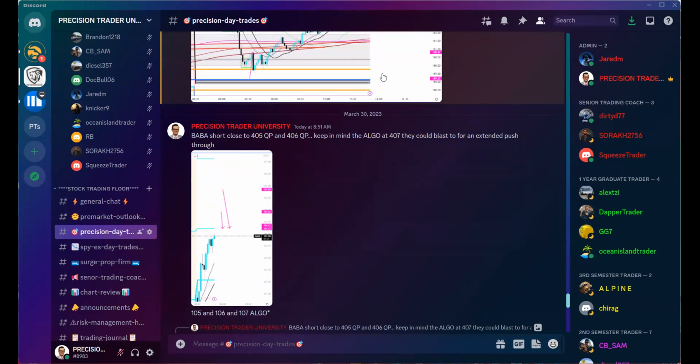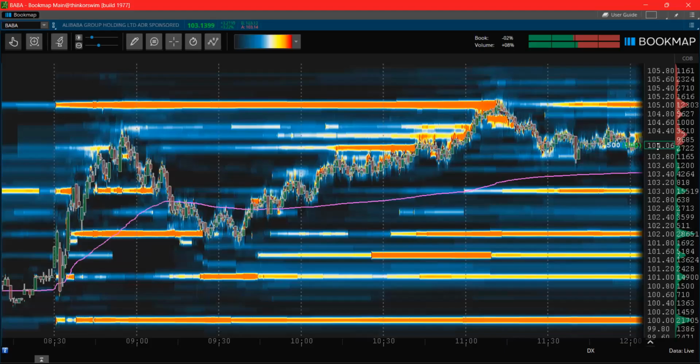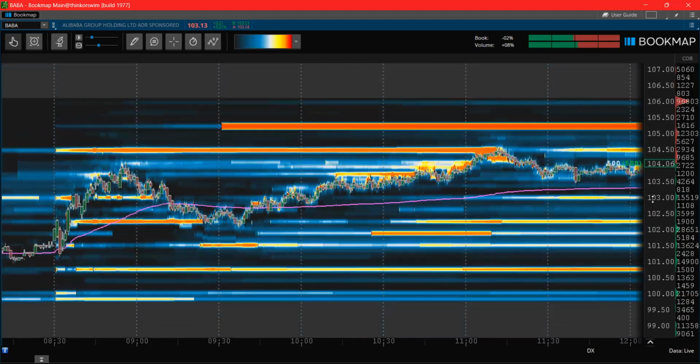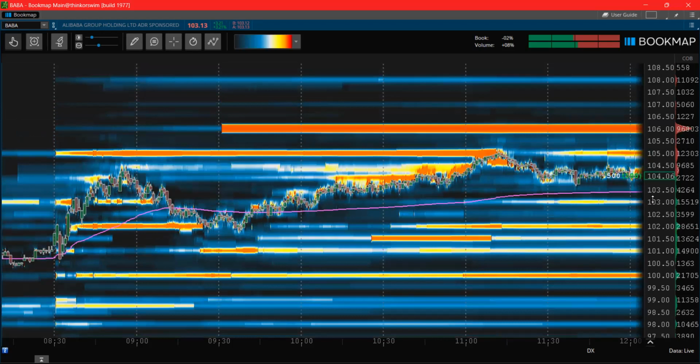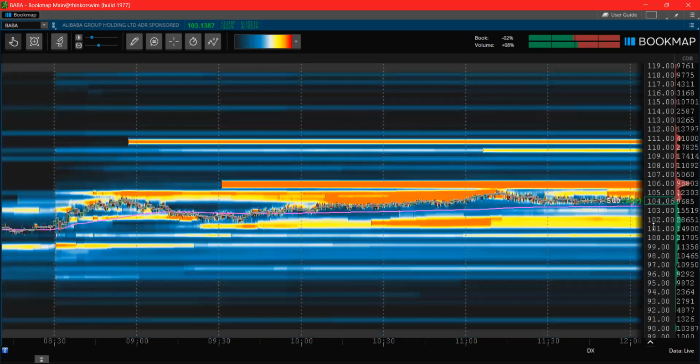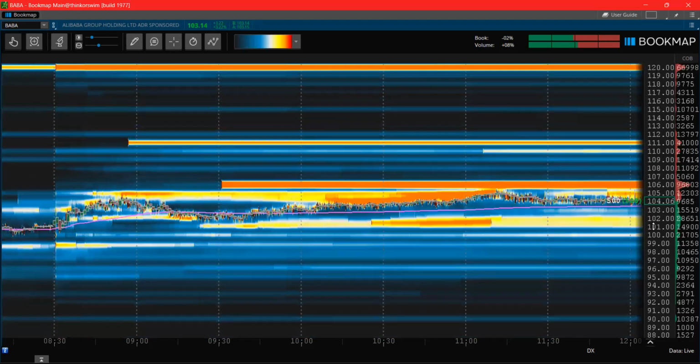Now, as far as how to identify a key setup in Bookmap, well, that's simple. All you want to do is find it on the scanner. I'll show you here in a second how we find those on the scanner. But once you find it on the scanner, now I've got to find out where the major liquidity is at. So Bookmap allows you to visually see where all this monster liquidity is at.